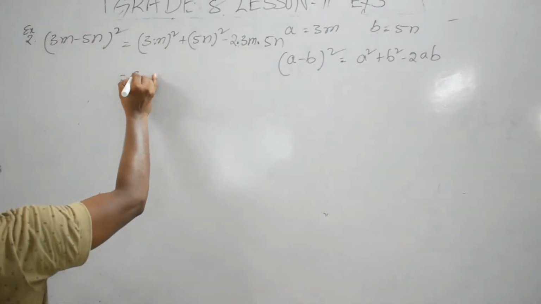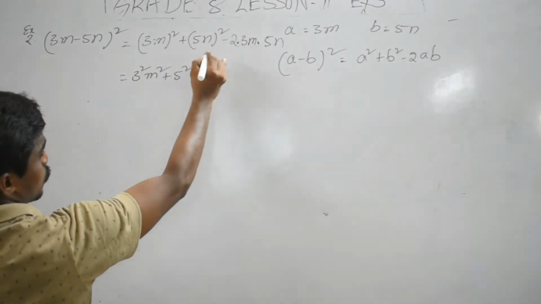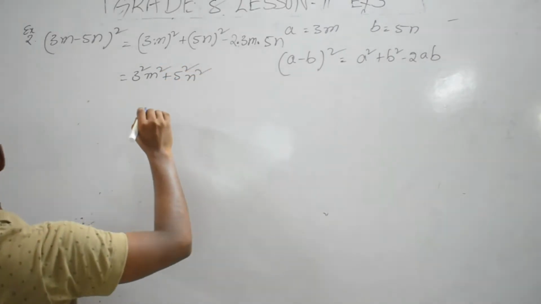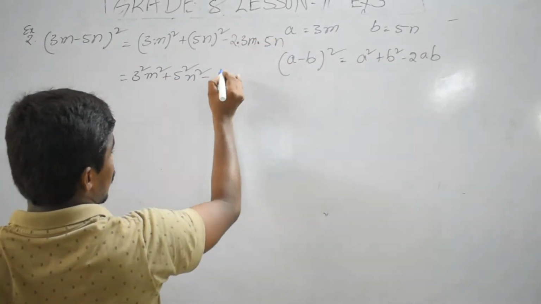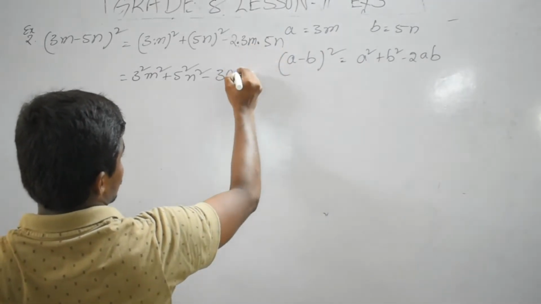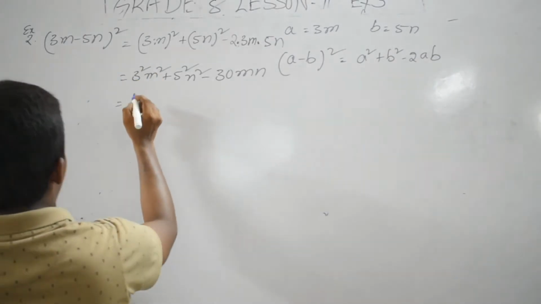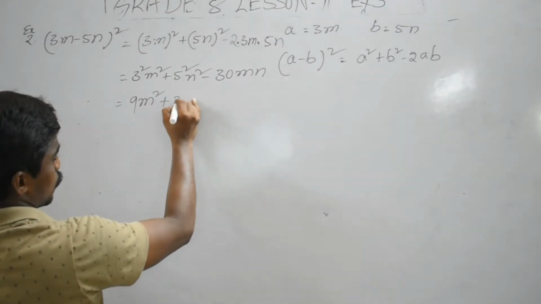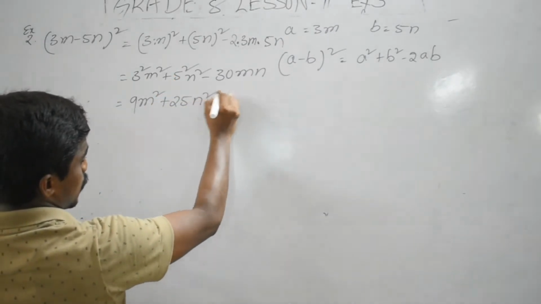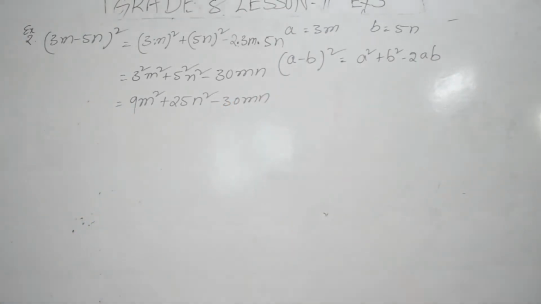So 3 square plus m square, 5 square and n square, minus 2 times 3 is 6, 6 times 5 is 30, mn. So 3 square value 9m square plus 5 square value 25n square minus 30mn. That is (3m minus 5n) whole square.